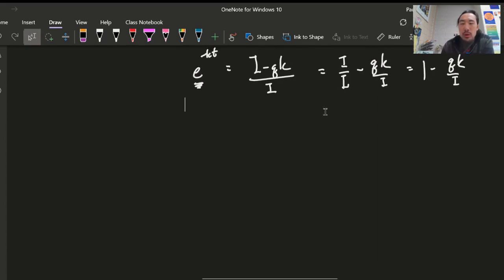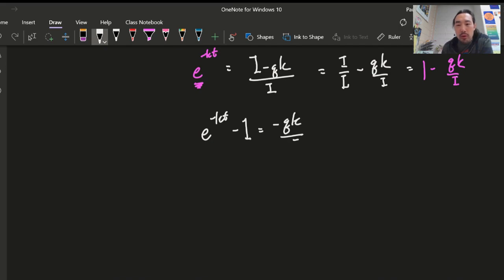All right, and so what I want to do is I want to clean this up a little bit. So we have this term here and this term here after everything was simplified. And so we get e to the negative kt power minus 1 equals negative qk over I.